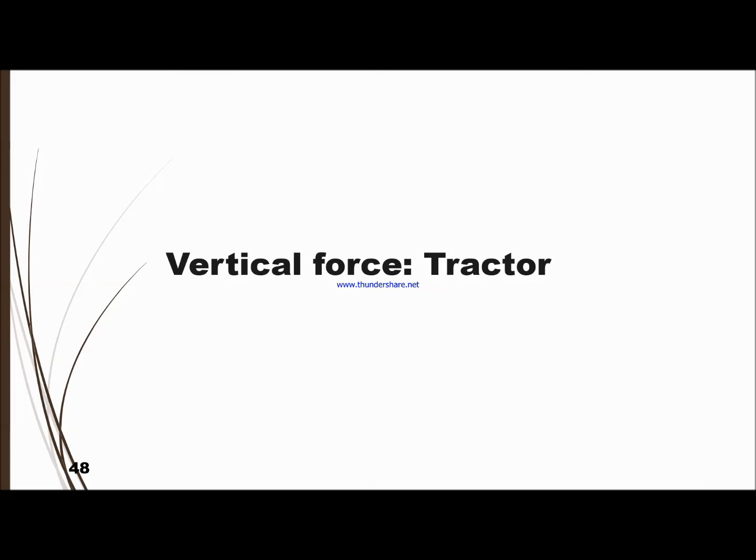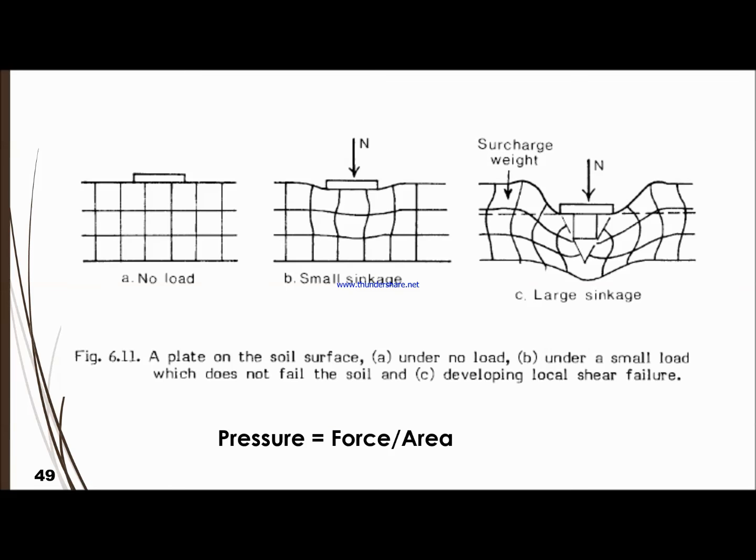So vertical force. Normally when we are talking about the operation of the tractor, we would like to go back to the basic equation, which is pressure equals force over area. So what happens if you have a small area? Of course it depends on the soil as well.